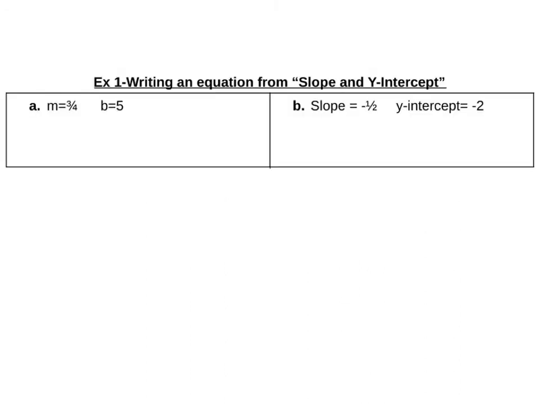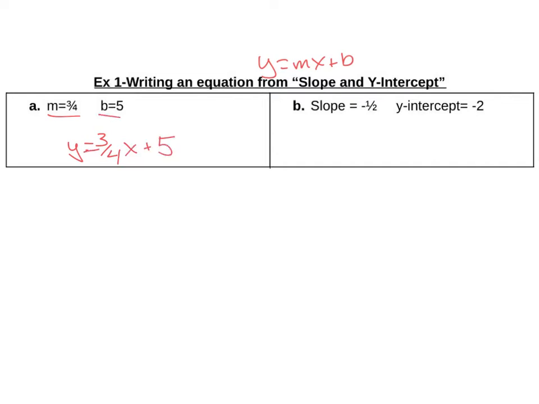So when we are writing an equation from slope and y-intercept, it's going to be nice to keep that formula y equals mx plus b handy. And if you're just simply writing an equation, well, let's plug in. We know our slope was 3/4. We know our y-intercept was 5.